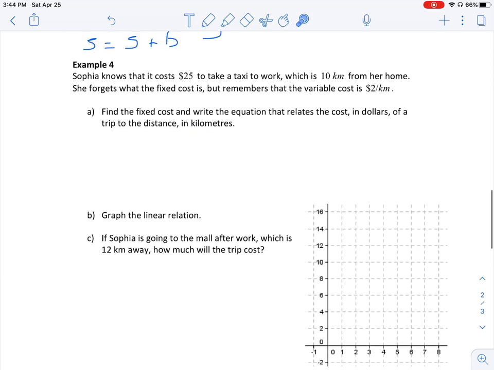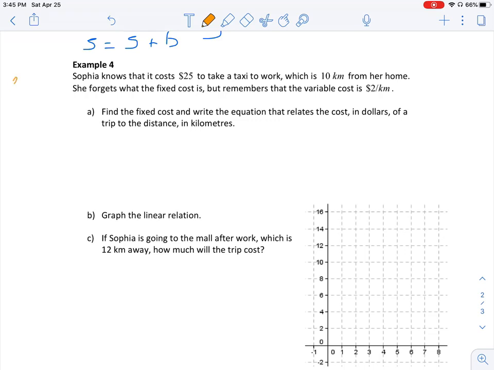Okay, there's a lot going on here. What are some things that we can take away simply by reading this whole thing? Well, I'm going to take away that it costs 25 bucks to go 10 kilometers, so it costs $25 to take a taxi to work, which is 10 kilometers away.